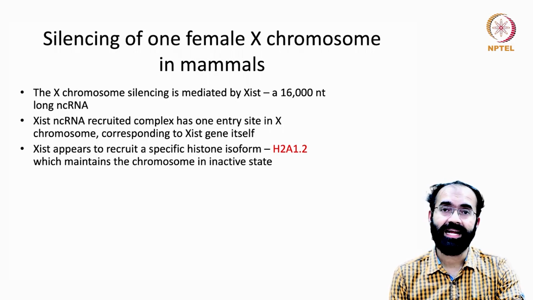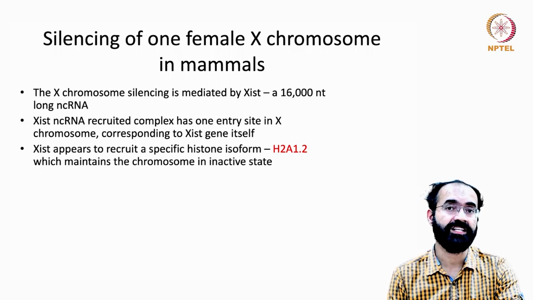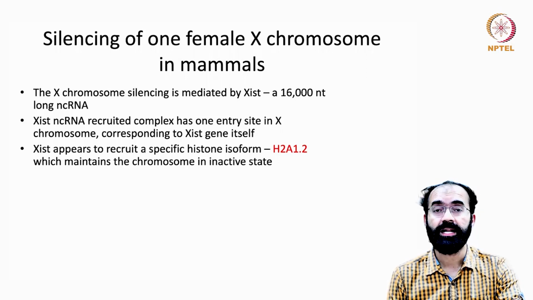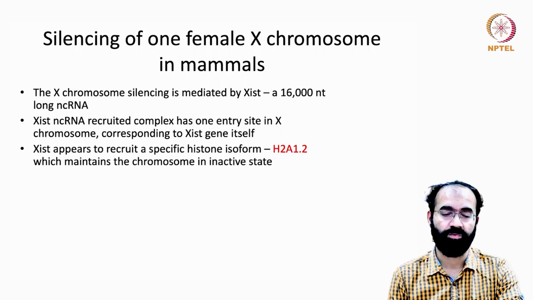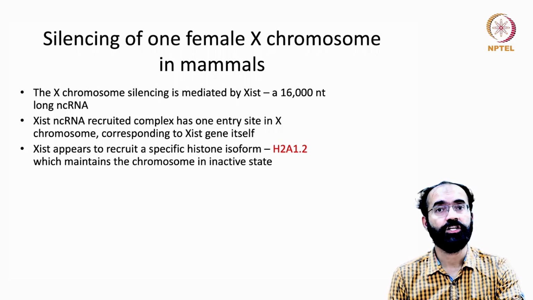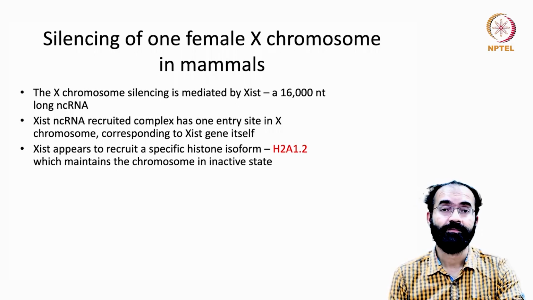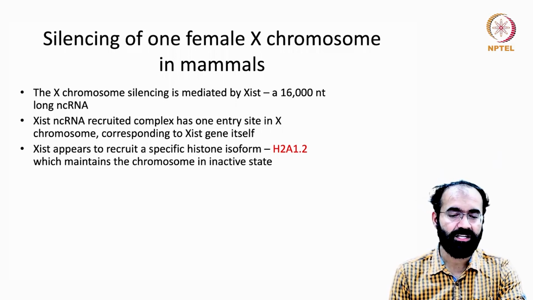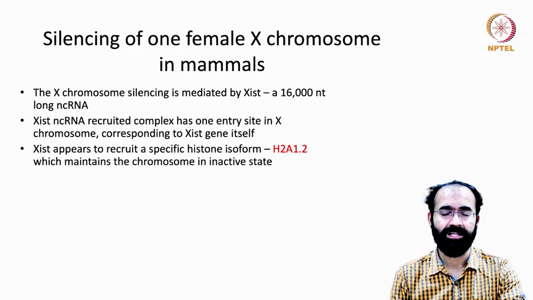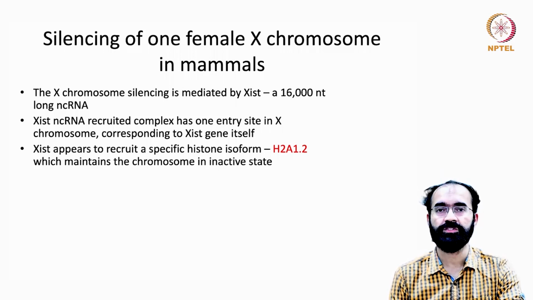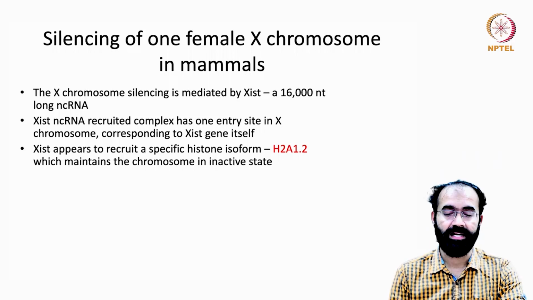But for this inactivation, the Xist RNA, once it is coated onto the same place where the Xist gene is located, will recruit a specific histone isoform, that is H2A1.2. This is a unique histone isoform which is seen only in the inactive X chromosome, which maintains the chromosome in its inactive state. Normal chromosomes do not use this isoform. It is only used for the inactive X chromosome.